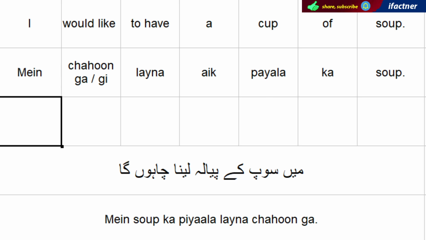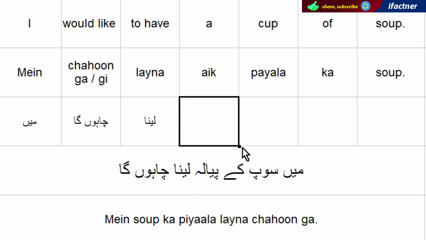So now let's see how we type these words in Urdu. मैं can be written as meem, ye and noon. चाहूँगा is che, alif, cha, he, wao, noon, चाहूँ, and gaf alif ka. चाहूँगा. लेना is lam ye noon alif. एक is alif ye kaf. प्याला is pe ye pe alif lam he, प्याला.